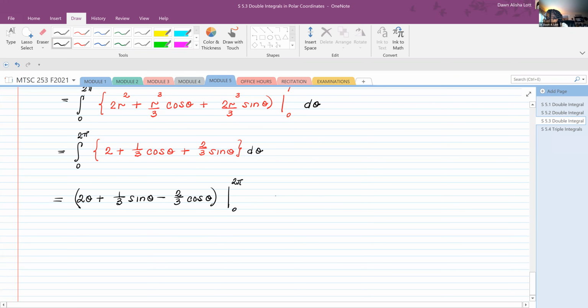So the 4 pi I get, plus 1/3 sine of theta, that's 0, minus the cosine of 2 pi is 1.